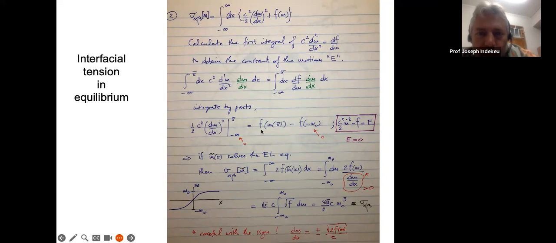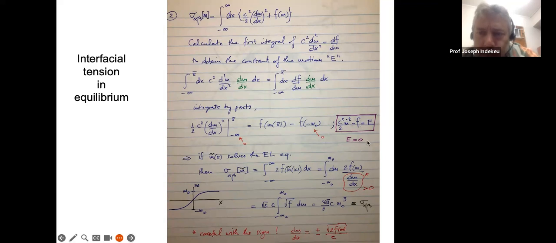And so we arrive at f of m of x bar minus f of minus m0. But in -m0, we agreed that the value of f is 0. And so we are only left with this value of f evaluated in m of x bar.